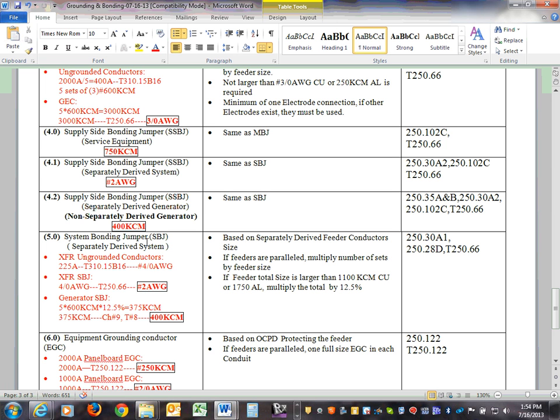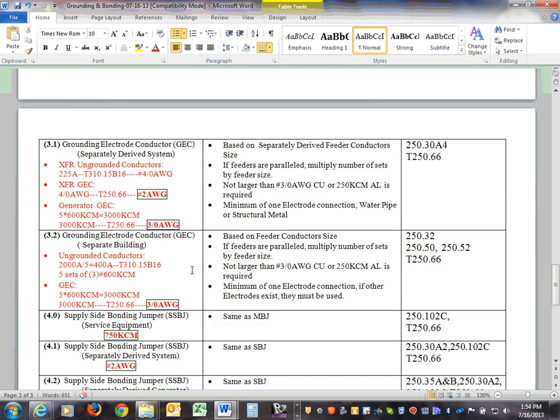For all practical reasons and sizing, system bonding jumper and main bonding jumper are identical in operation and function and sizing. We size them exactly the same way, not the same size, the same way. So if you look at 5.0, here's where it tells you to size them, but we size it based on the conductor coming out of the transformer from Table 250.66.